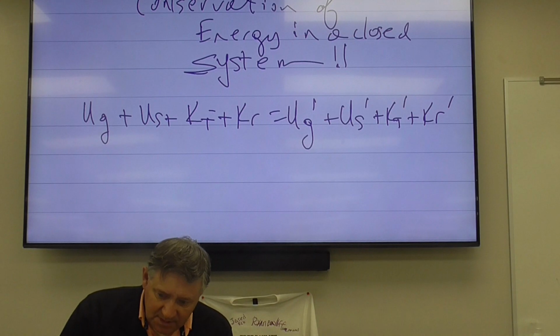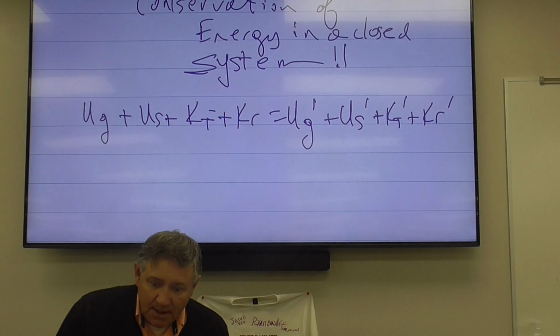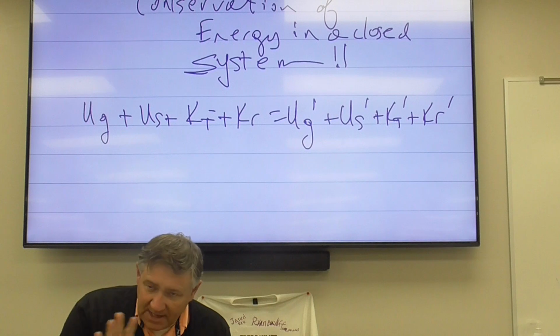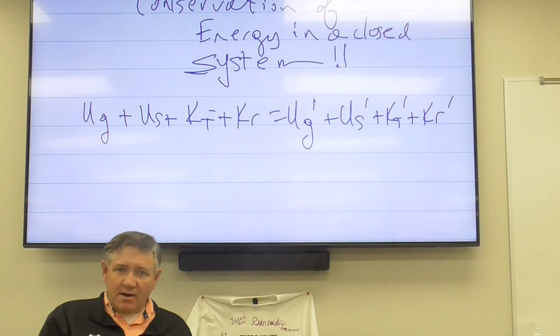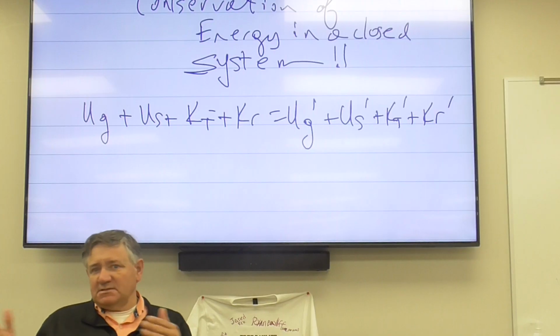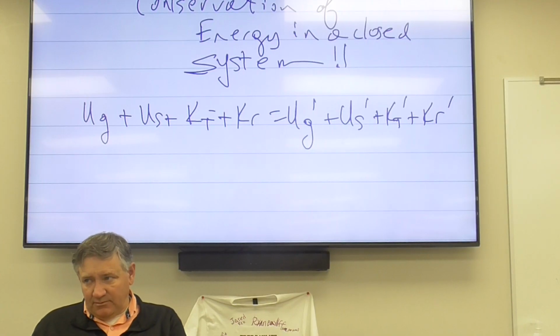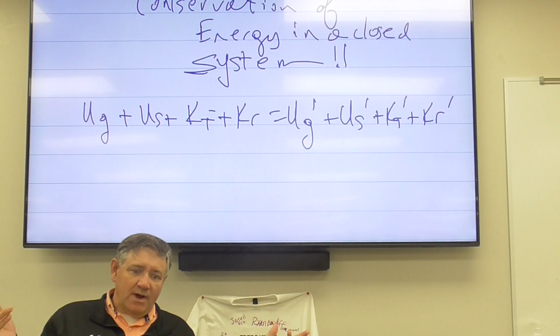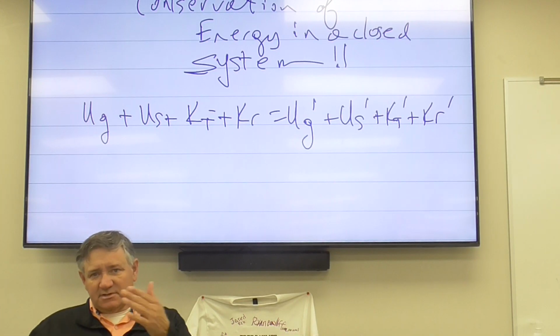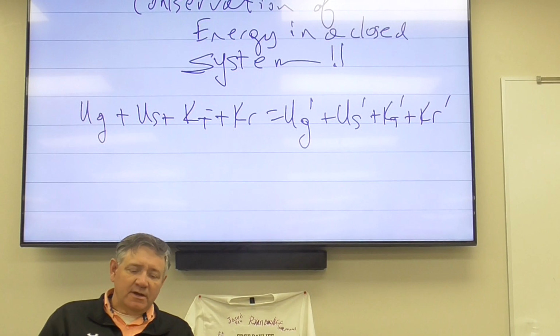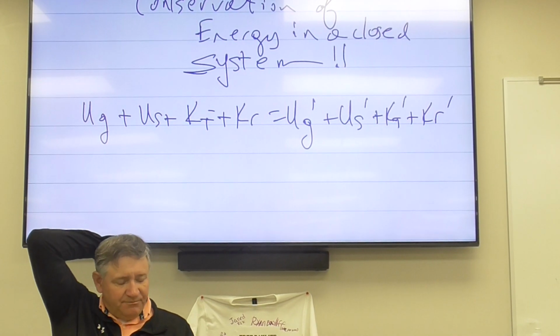When you look at energy being conserved, it has that same general format: the amount of linear momentum before has to equal the amount of linear momentum afterwards. If you have a certain amount of angular momentum, you have to have the same amount of angular momentum afterwards. So the same thing is true of energy.